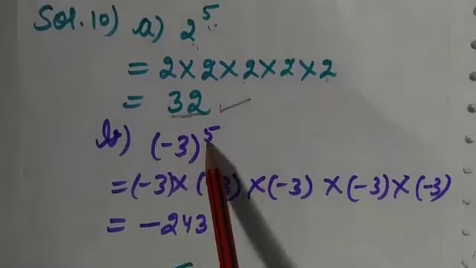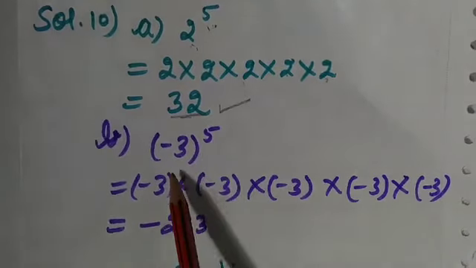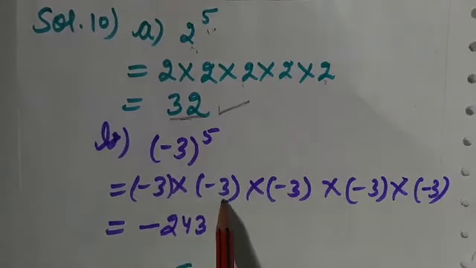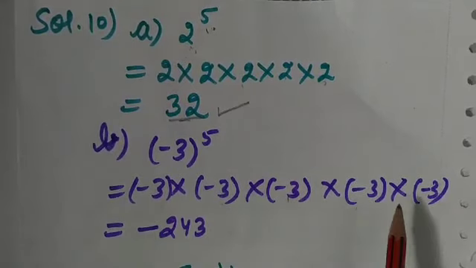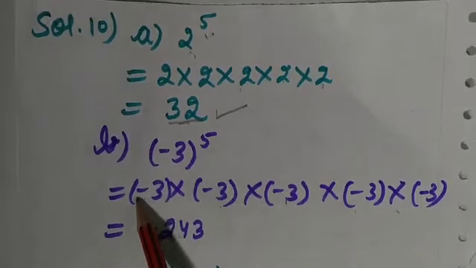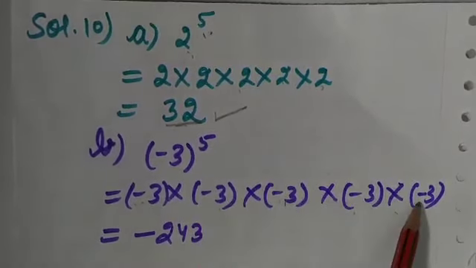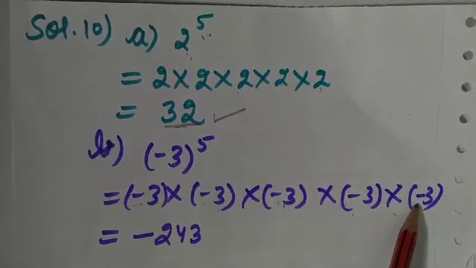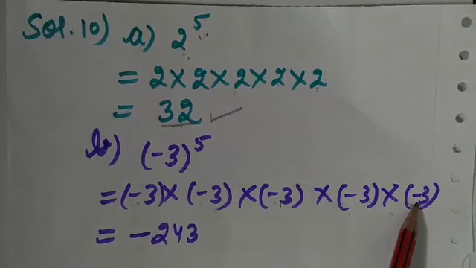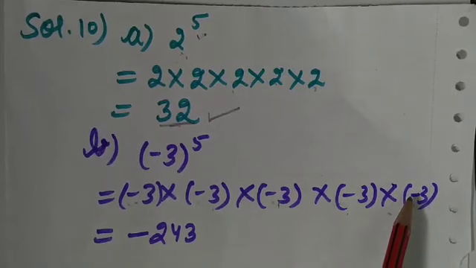B part, minus 3 raised to the power 5. It means minus 3 should be multiplied 5 times. So let us multiply minus 3 into minus 3 into minus 3 into minus 3 into minus 3. First I will multiply the signs. We have 1, 2, 3, 4, 5 signs, 5 negative signs, and we have learned that multiplication of an odd number of negative signs is always negative.